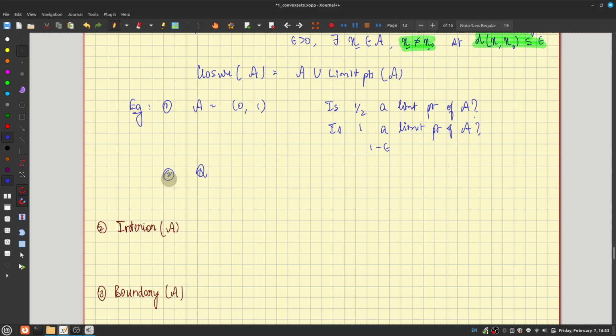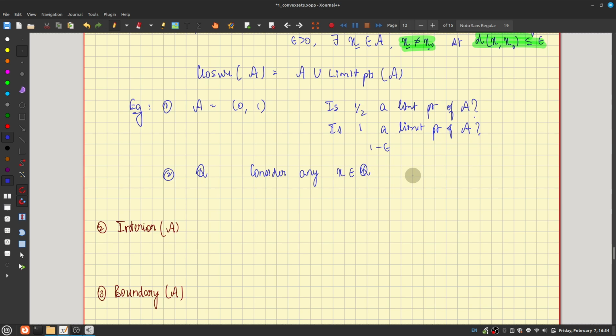Basically, you take any rational number, let's say x, which is in Q. Can you find another rational number that is arbitrarily close to this rational number?